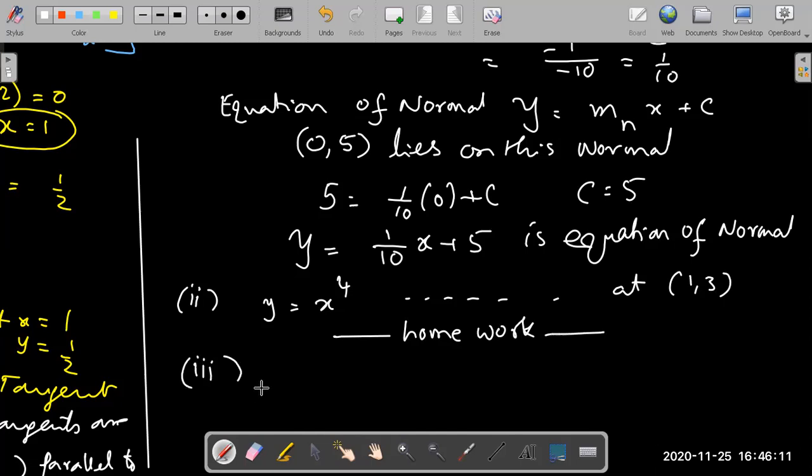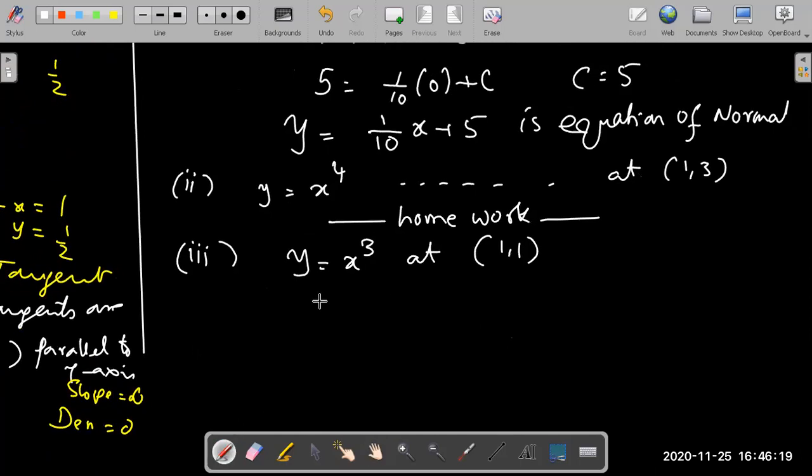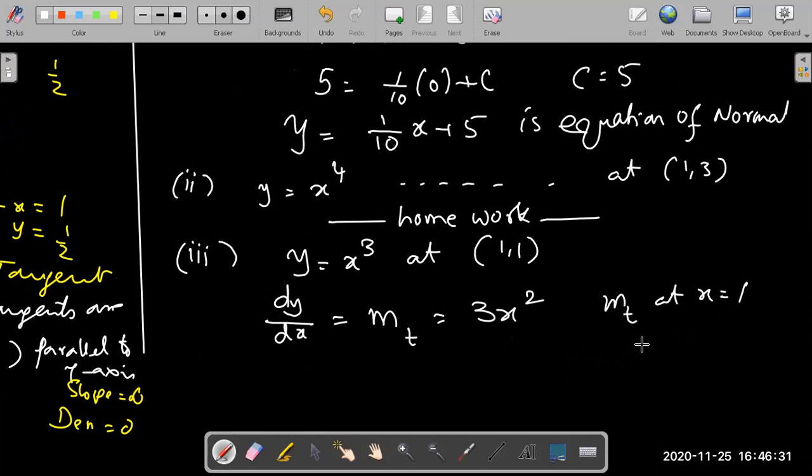The third one is y equal to x cubed at (1, 1). For this, we do dy/dx, which is the slope of the tangent, equal to 3x squared. So mt at x equal to 1 is 3 into 1, that's equal to 3.